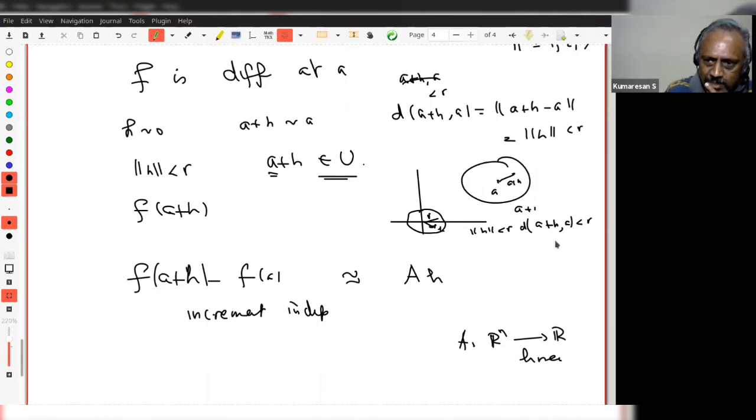Notice that in the case of R2, what did I do? f of a plus h, b plus k minus f of a, b, I wanted to approximate by means of a first degree polynomial, that is of the form alpha h plus beta k. Do you remember that? So now instead, I am going to say I want to approximate it by means of a linear map.